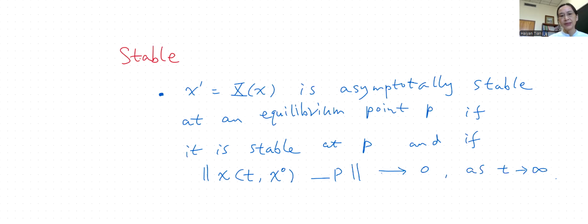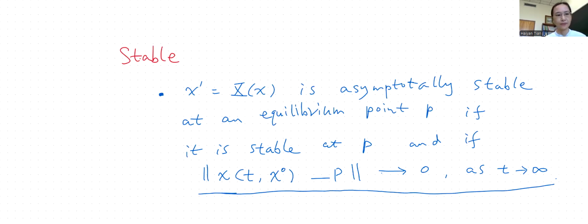So that means the system is not only stable, the solution curve will be getting closer and closer to the fixed point as time increases. So this is the first type of stability.